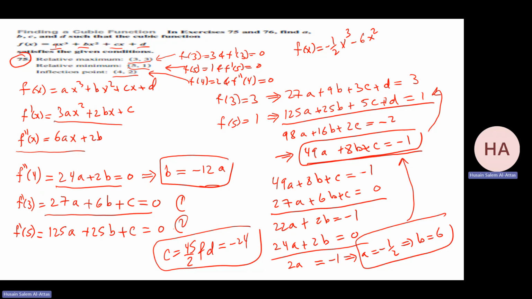Wait a minute. I subtract this from this, so a equals half, sorry for that. And b equals minus 3. That will be half, and this is minus 6, plus 45 over 2 x minus 24. Yeah, this is the idea.